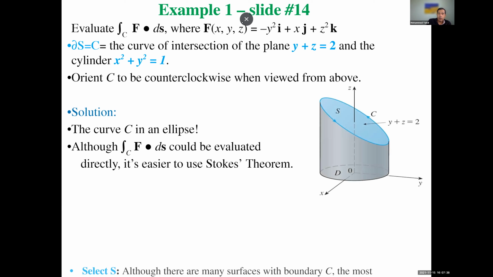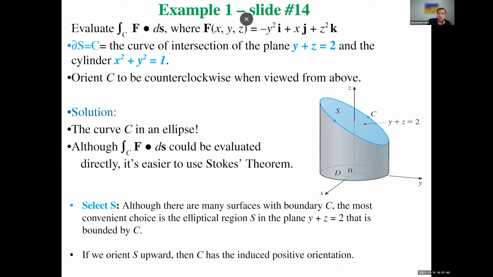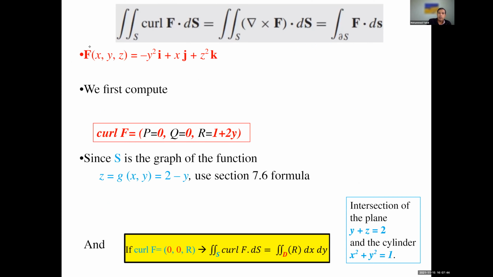So we can do it now faster. First you compute the curl, and the curl has 0, 0, and R. This is even more perfect because in this case the surface is the graph of a function. So we can take the double integral of the curl F. It's going to be the double integral over D of just R dx dy.